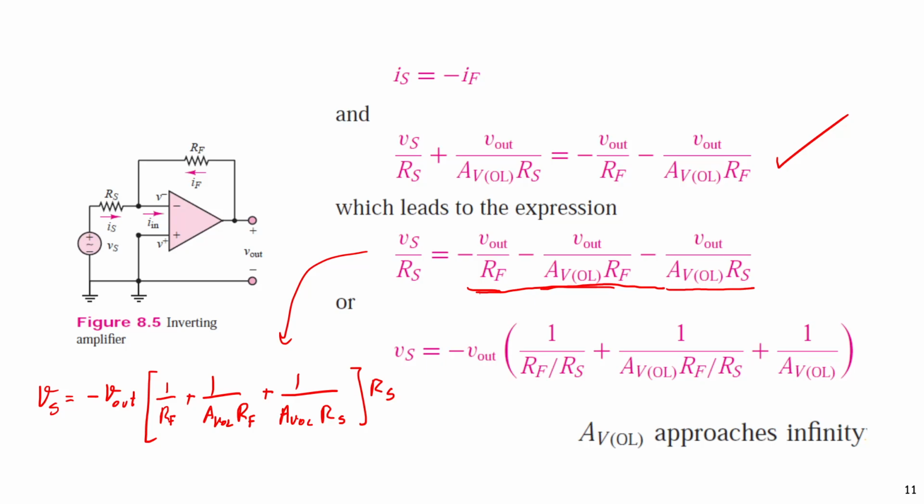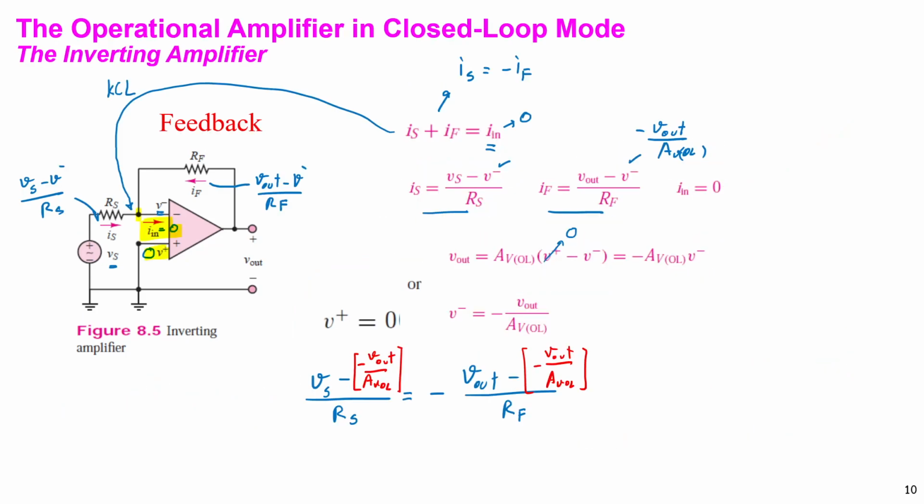This means this is inverting because it amplifies and inverts the signal. So we call this circuit an inverting amplifier.